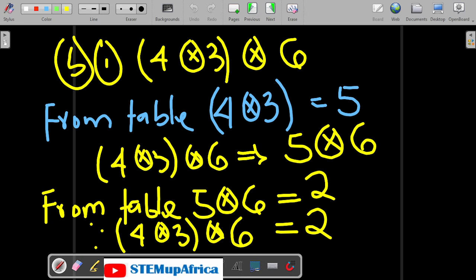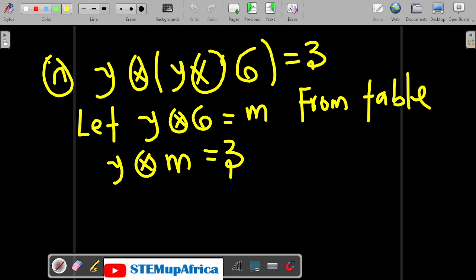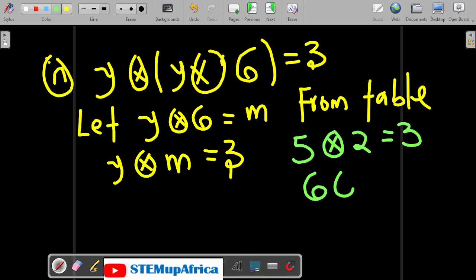So there are two possible operations. 5 multiplying 2 is 3. Then 6 multiplying 4 is 3. In this case, I'm going to try it for both: the first value is 5 and the second value is 2, or we'll also do 6 and 4.